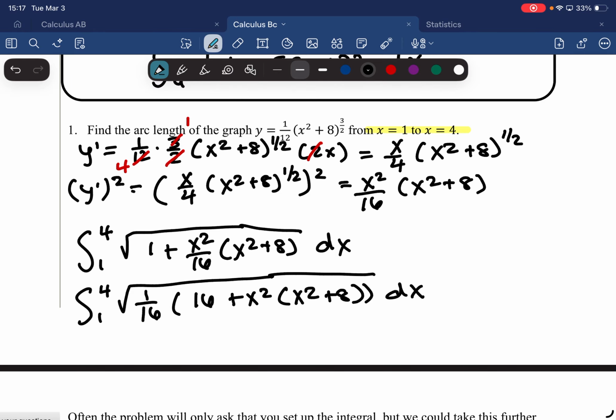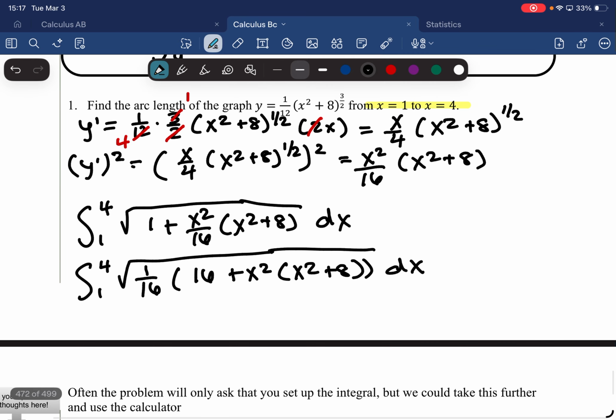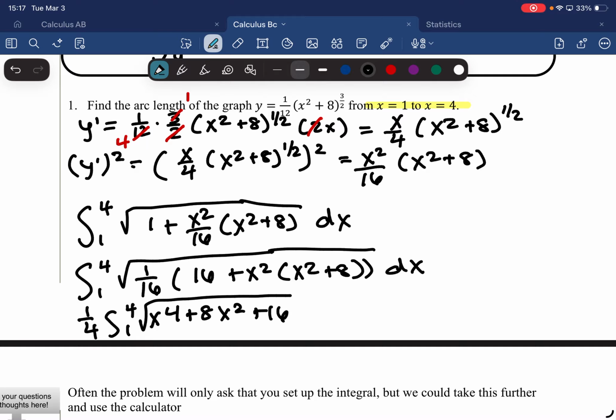The reason I did this is I can now take out the square root of 1 over 16, because that's 1/4. So this is 1/4 integral of 1 to 4. And then I can just simplify this by distributing the x squared, and I get x to the 4th plus 8x squared plus 16 under the square root dx.